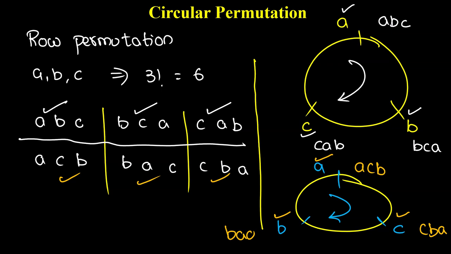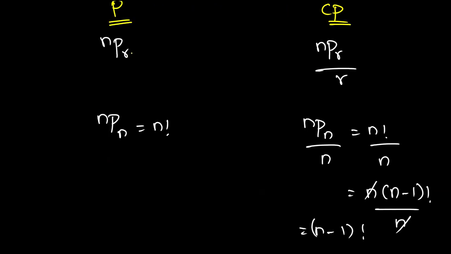So when you are arranging n people, divide by n. Here I am arranging r people. What is nPr meaning? Read it. You have to select r people out of n and then arrange r people. I am arranging r people, that's why divided by r. How to read nPn?